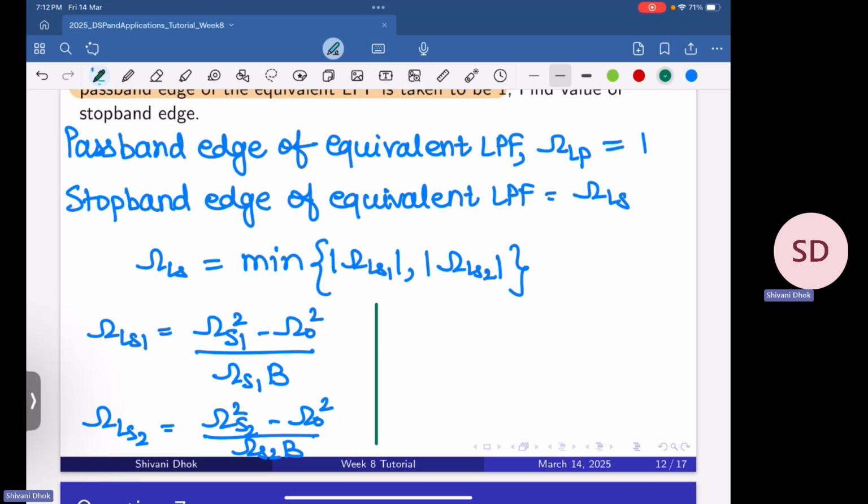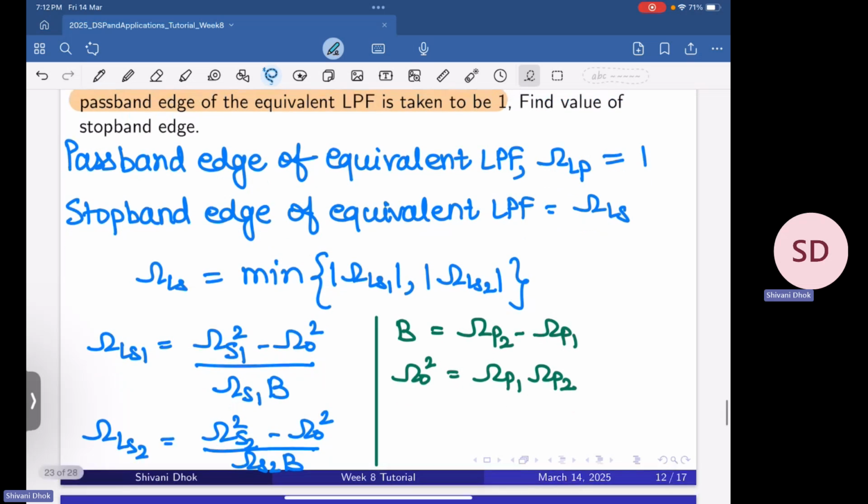And what are these omega naught and b? This b is the bandwidth of the filter, and bandwidth is for our pass band, so b is defined as omega p2 minus omega p1, the higher pass band edge minus the lower pass band edge. And this omega naught is the geometric mean of these two. So therefore this omega naught square is basically omega p1 into omega p2.